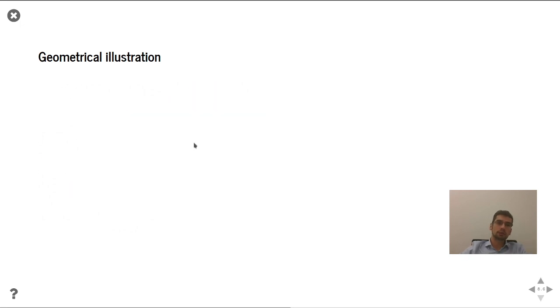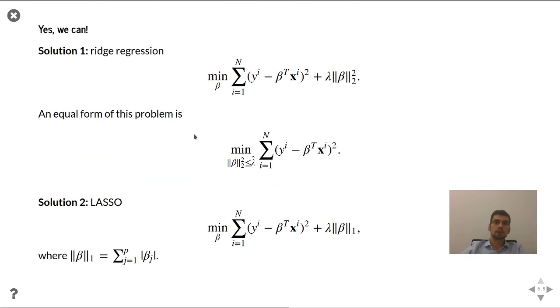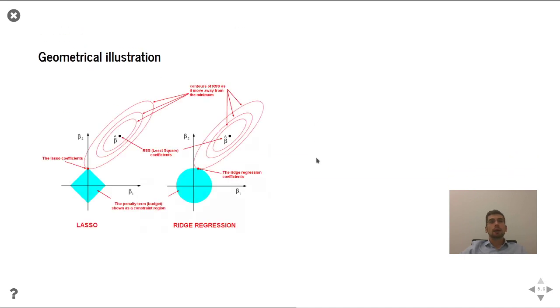It's beta, the same coefficients as we have in our linear combination. And this is the optimal point, the point with the smallest mean squared error. So this is the solution of the unconstrained problem.